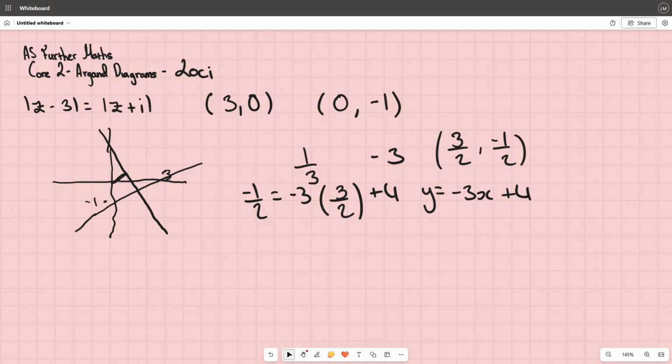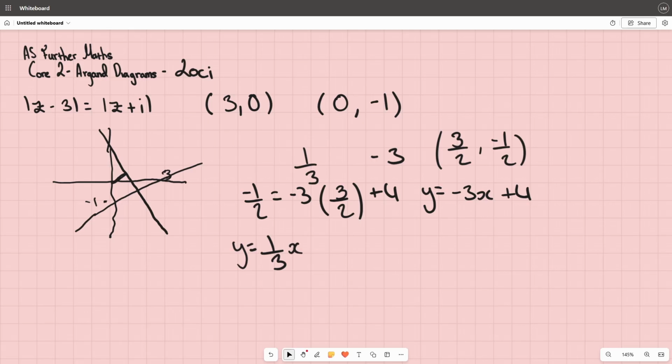So we know that the line from the origin to this locus has the same gradient as the perpendicular to the line from -1 to 3. Hence this line has a gradient of one third, and because it passes through the origin, the y-intercept is 0. So the equation of this line is just y equals 1/3 x.